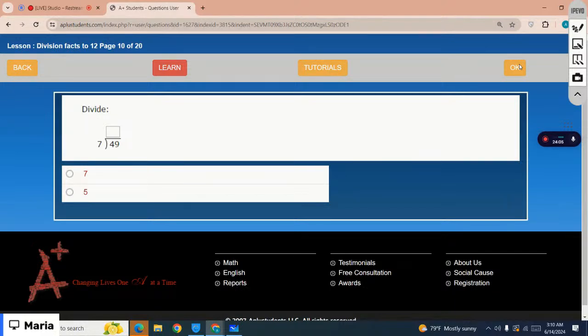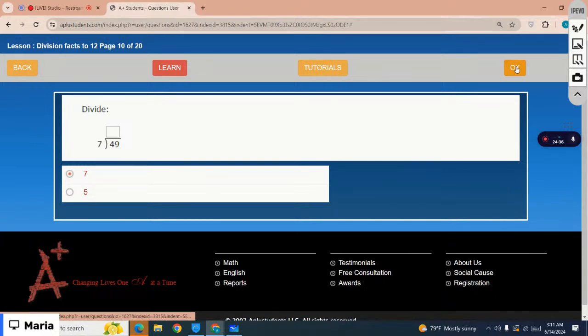49 divided by 7 equals, 7 times what number is 49? The correct option is 7 times 7 is 49.